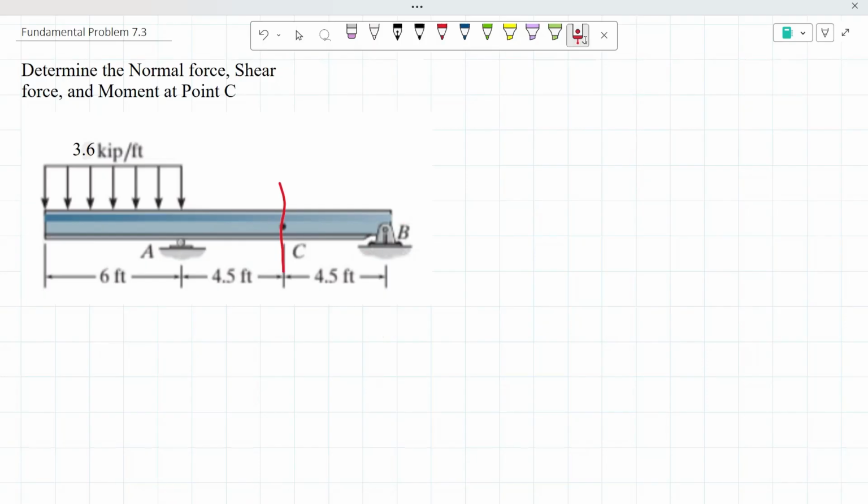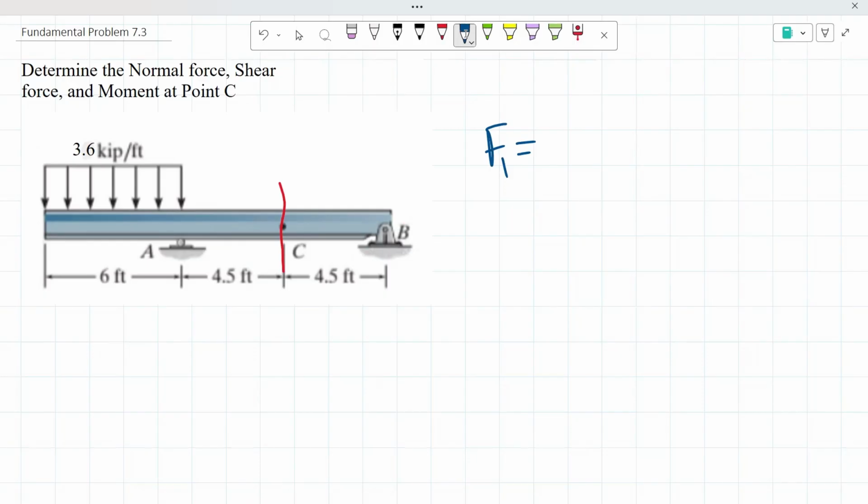So before determining the value of my reaction, the first thing I want to do is take this distributed weight and find its concentrated force. We're going to name it F1.